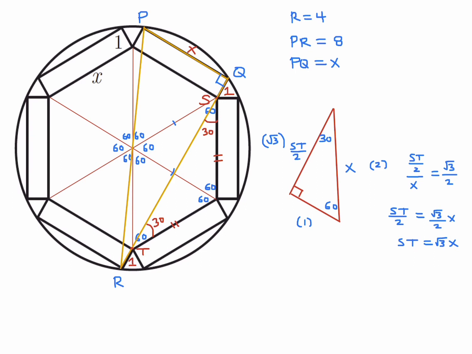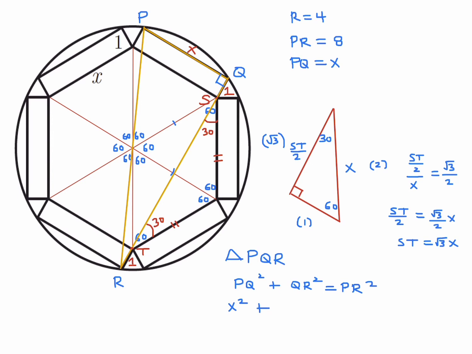So now we've got a Pythagorean relationship with triangle PQR, and that is as follows: PQ squared plus QR squared is equal to PR squared. PQ is x.